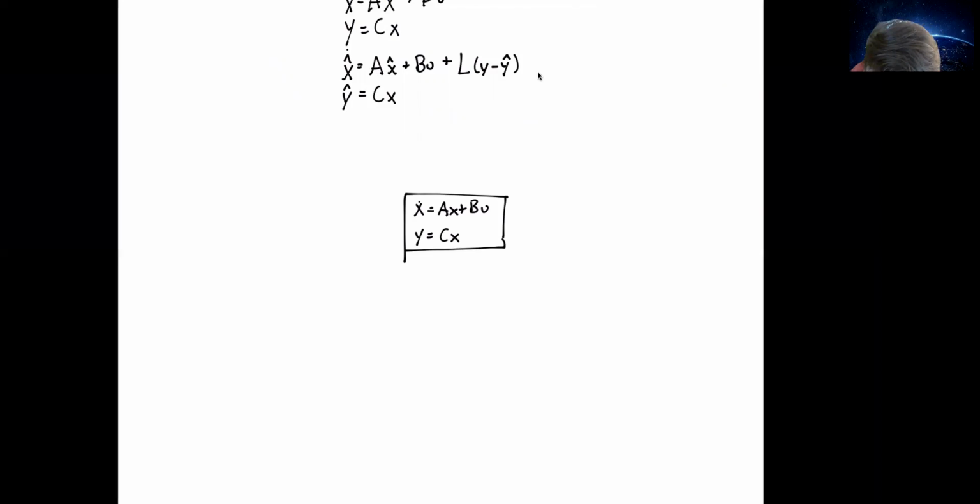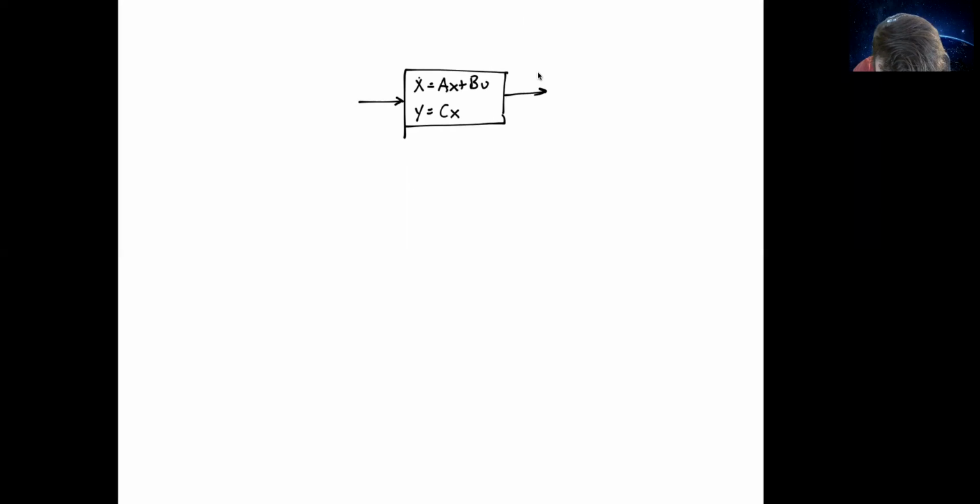Then we're going to take the output of that, and we're going to drop it down, and then this is going to go in this direction and into a new block with our estimate here. x hat dot is equal to A x hat plus Bu, and then that's the output of this system.